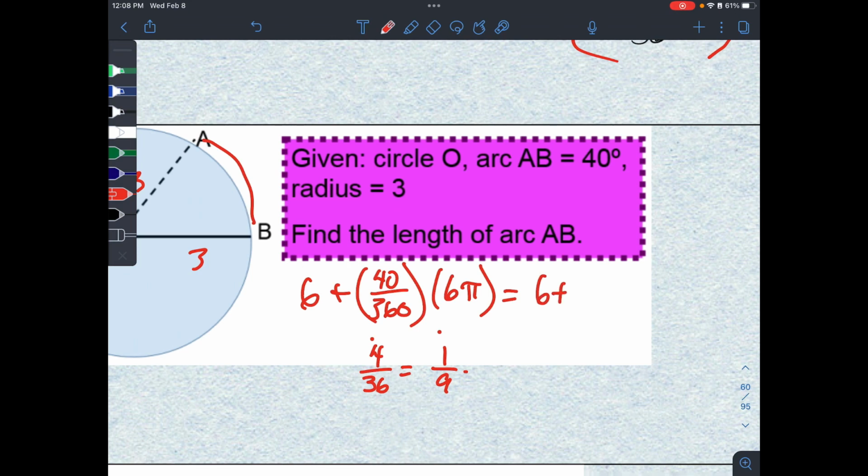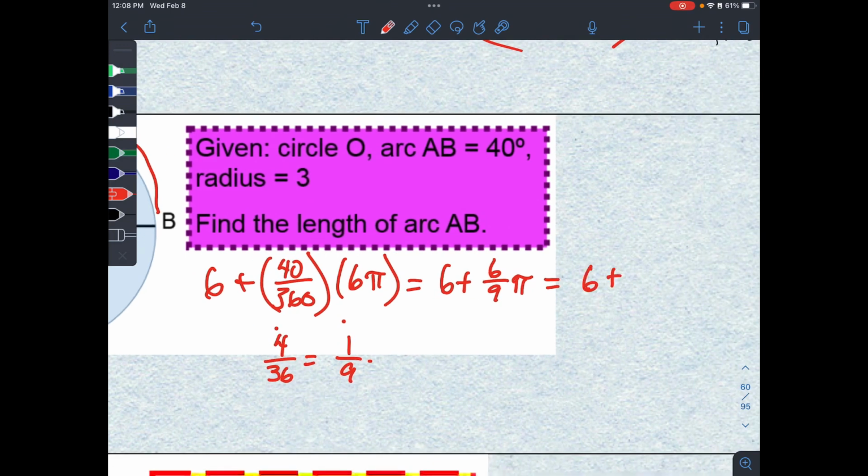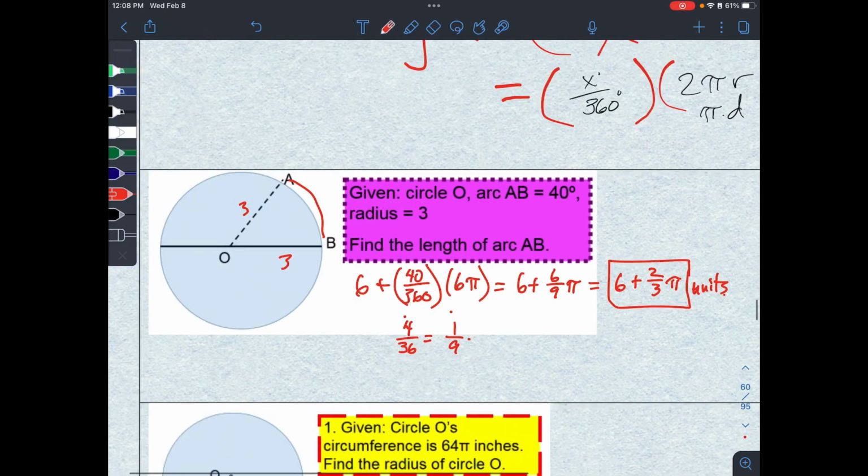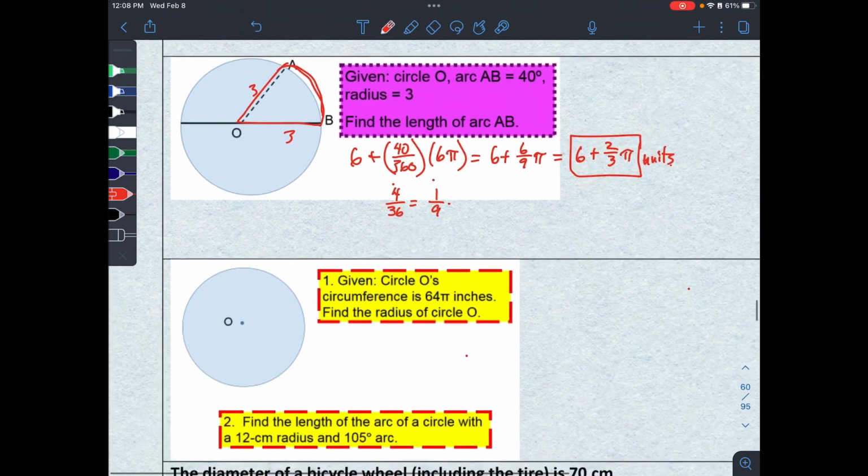So 6 plus 6/9 pi, aka 6 plus 2/3 pi. Boom. There is my distance. We don't necessarily know what units we're measuring the 3 in, but the distance all the way around that slice would be 6 plus 2/3 pi.